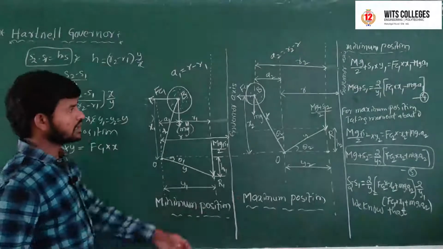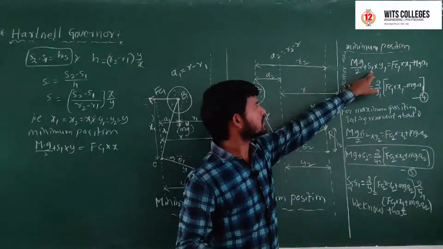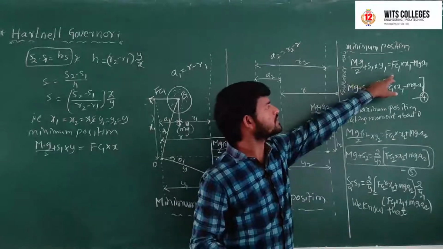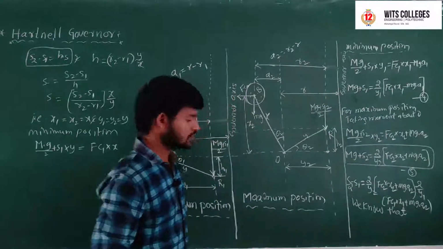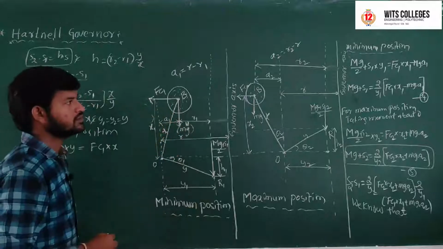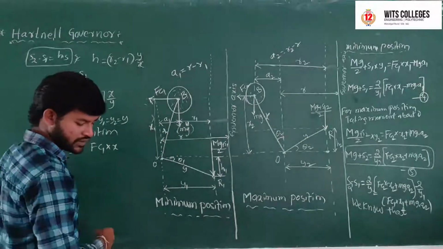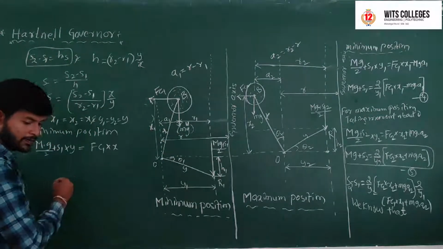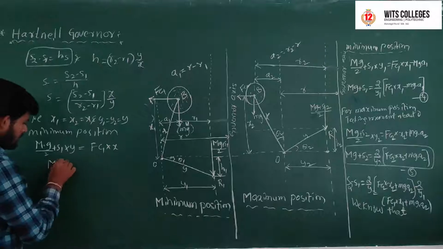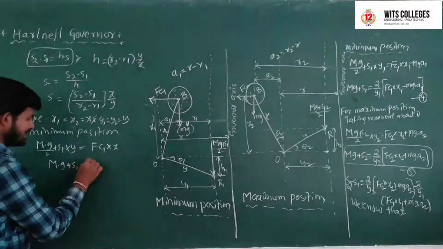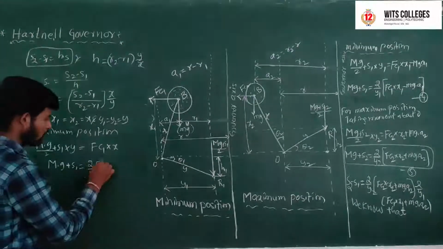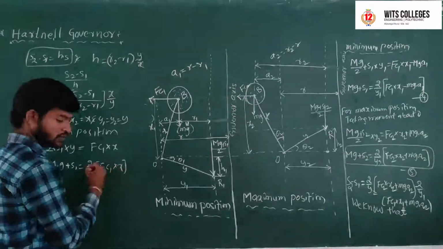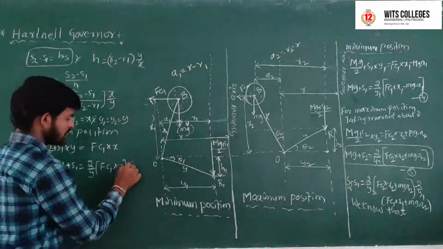And neglecting the mg value, at the minimum position condition, mg plus s1 equals 2 by y into fc1 into x. Here this is the 6th equation.